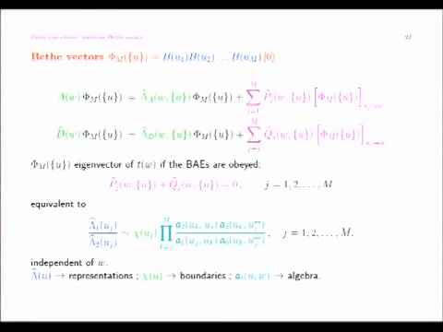And these Bethe vectors, when you compute the action of A and D hat on them, have two terms, the unwanted terms, and if you require that the sum of these two is 0, then phi becomes an eigenvector of this transfer matrix.